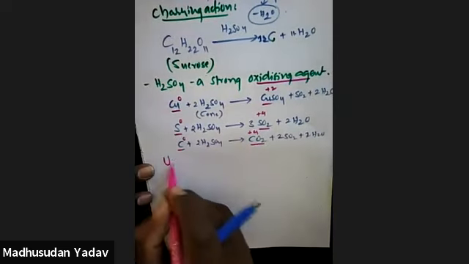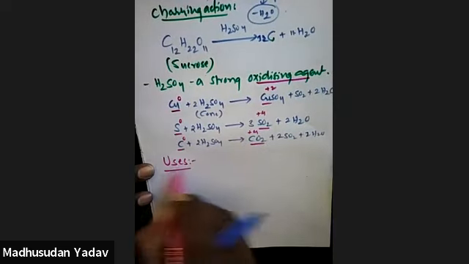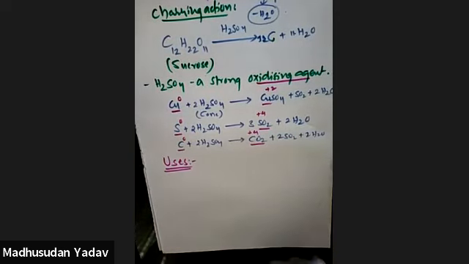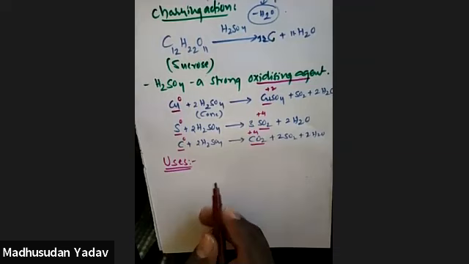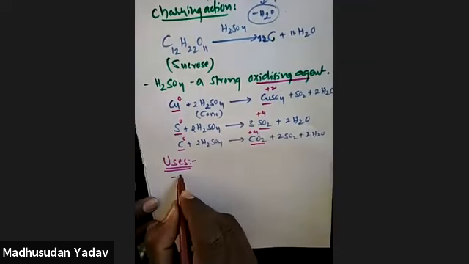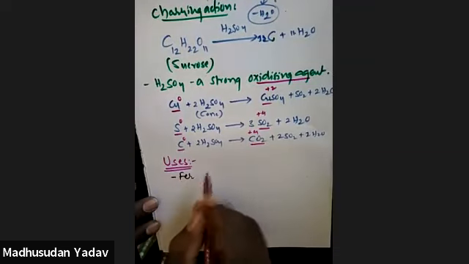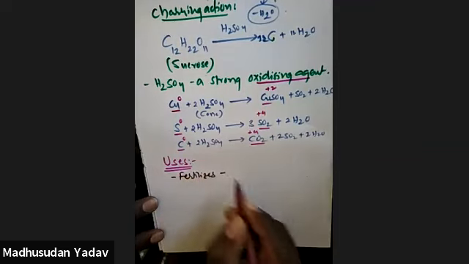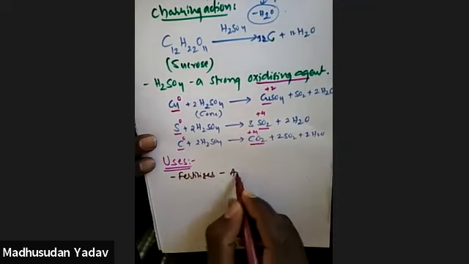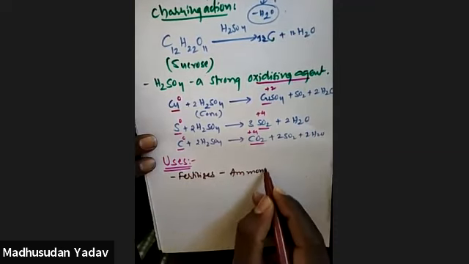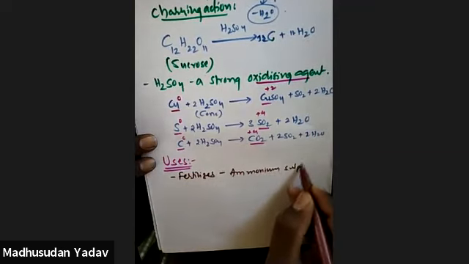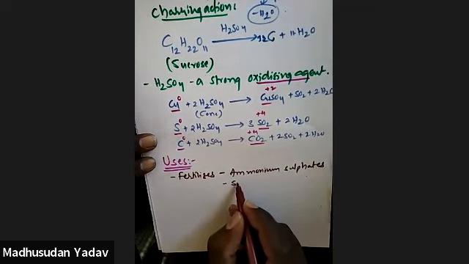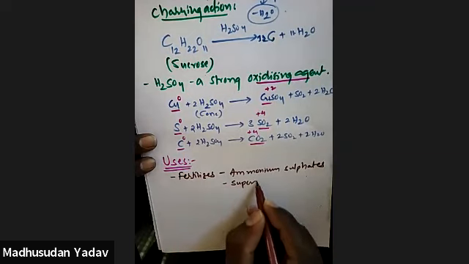Now we'll see its uses. Sulfuric acid is mostly used in fertilizers, mainly in the preparation of ammonium sulfates and superphosphates.